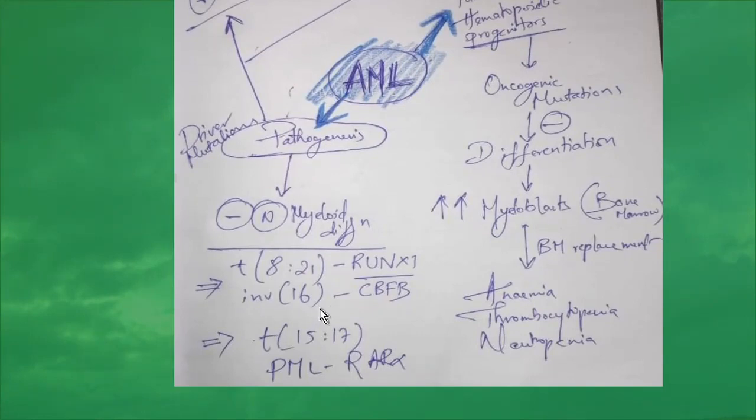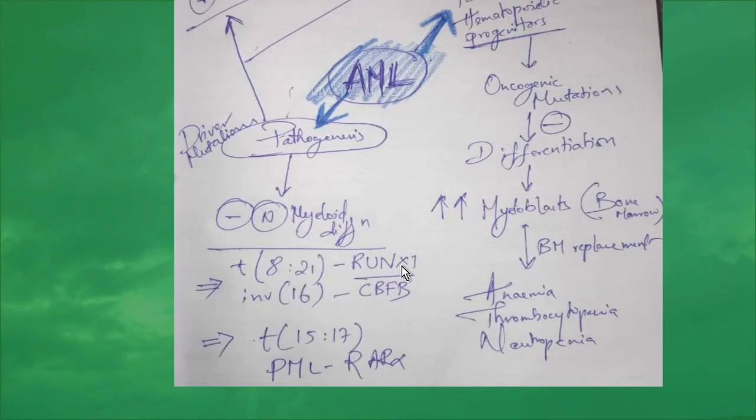One is inhibition of normal myeloid differentiation. We saw it here. And the most common ones are translocation 8;21 or inversion 16.